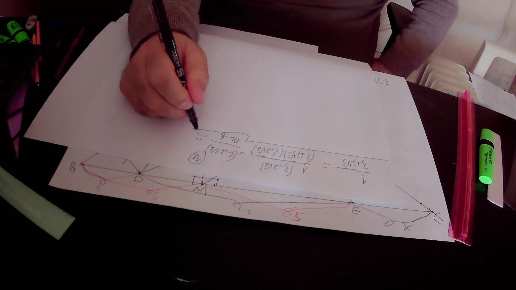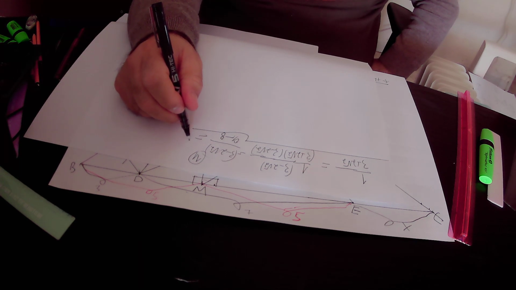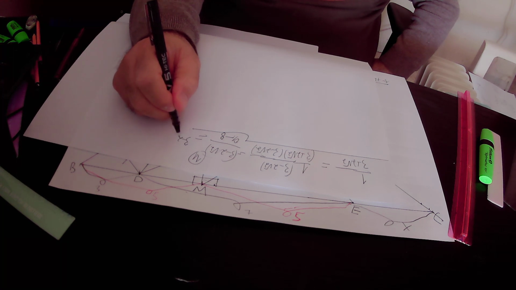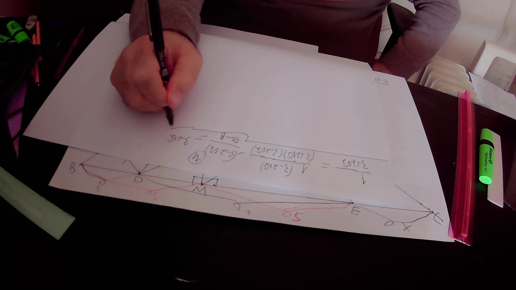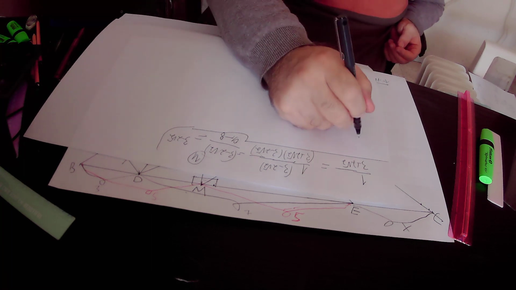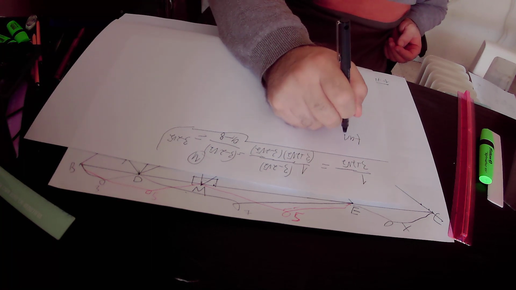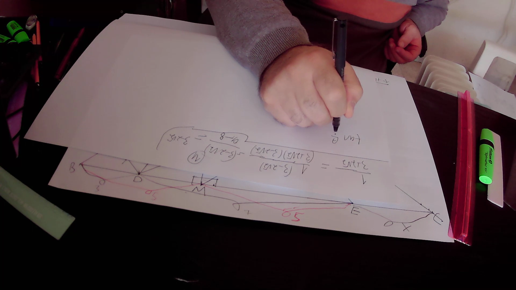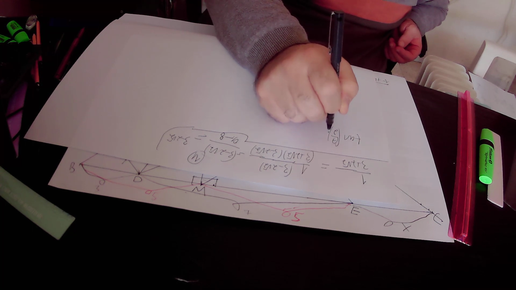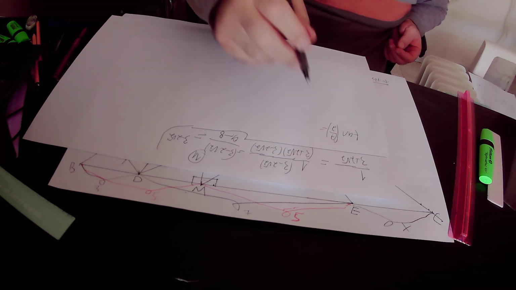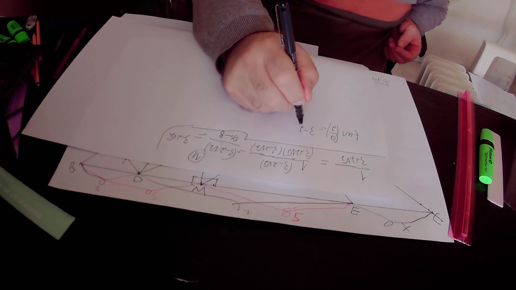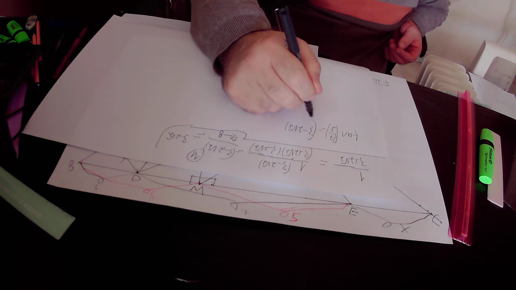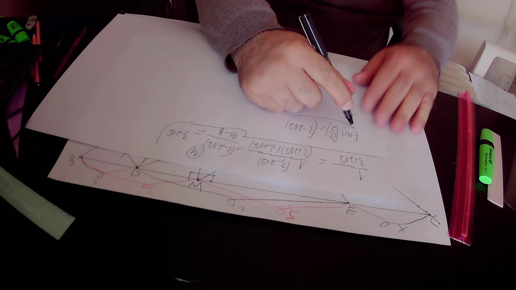So in conclusion, we found out that this expression equals 3 minus 2 times square root of 2. Therefore, we actually found out that tangent theta over 2 is equal to 3 minus 2 times square root of 2. Okay?